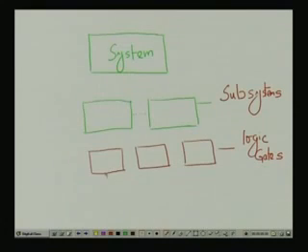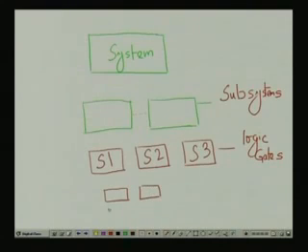Then again this is a set of gates, say S1, S2, S3. Then this S1 is again partitioned into some transistors, a combination or set of transistors, say T1, T2, T3, T4.